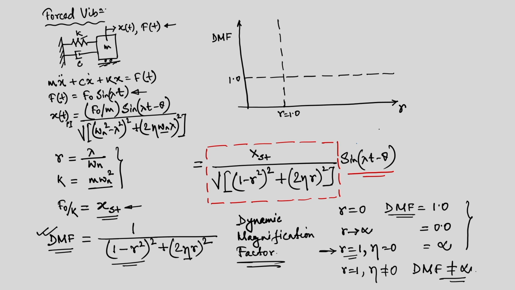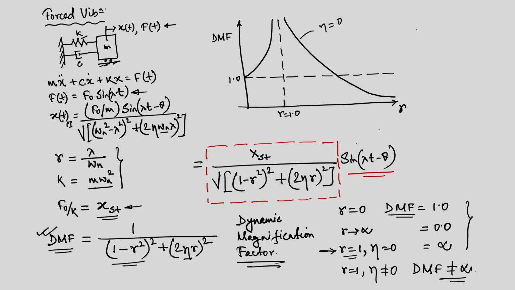Now, let us first draw when we have eta equal to 0. What will happen? It will start from 1 and obviously, as we increase the frequency ratio R, it will go towards infinite when R equal to 1. It will look like this. This is when eta equal to 0.